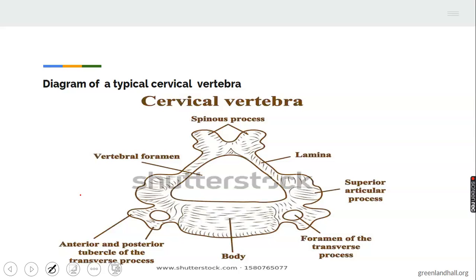Now the first one here is a complete cervical vertebrae. Complete cervical vertebrae here means that both axis and the atlas are fixed in one.